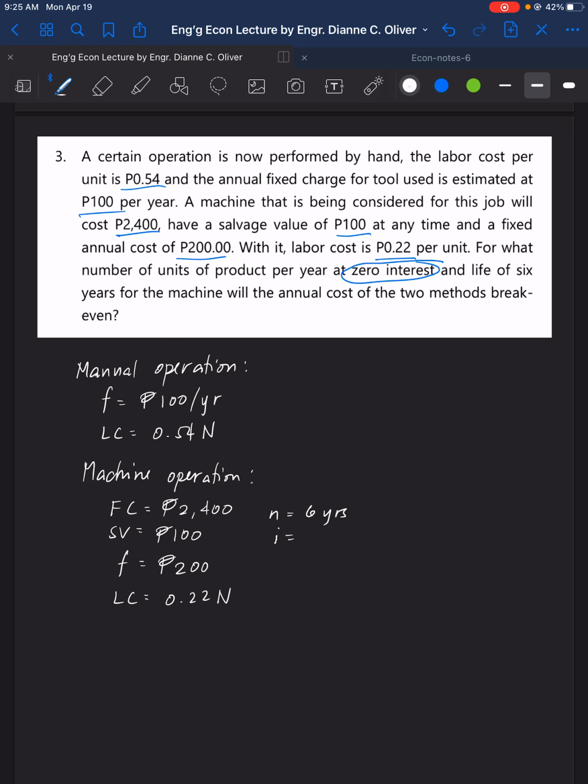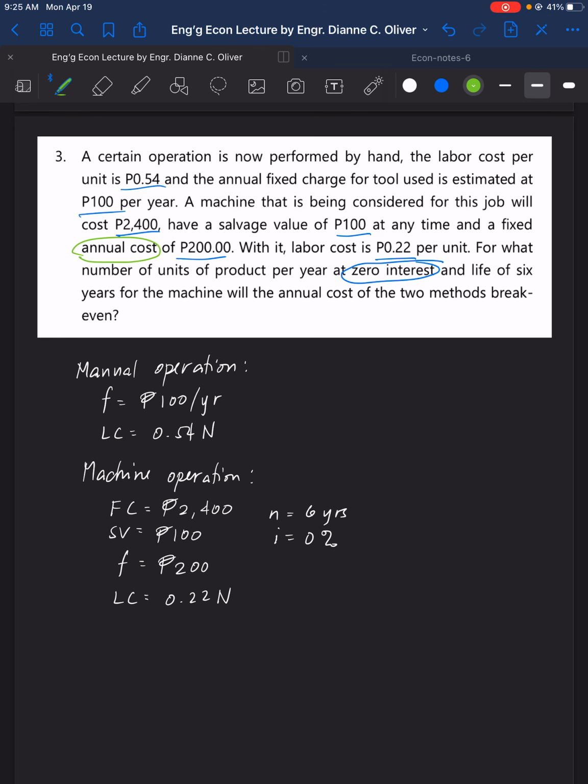How do we deal with a 0 interest? So since we're dealing with the annual operation here, because of the presence of per year, so it says there annual operation, annual cost. So to be consistent, let's have all of them into annual work.